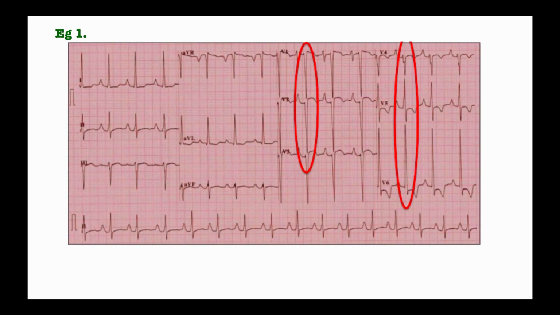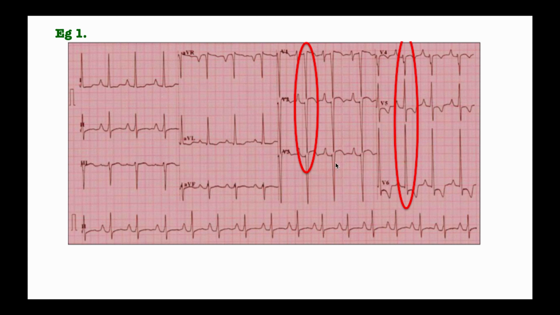Let's look at more examples. In this example, which we saw earlier on, we are going to use the Cornell voltage, so we count the R wave in aVL. How much are we getting? We have 5, 10, 15, 20. Then we add it to V3.